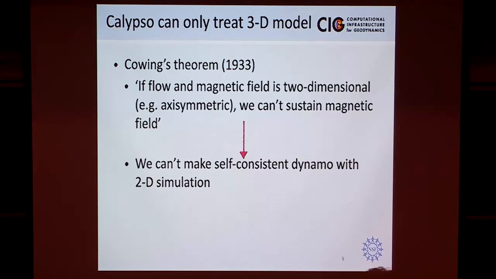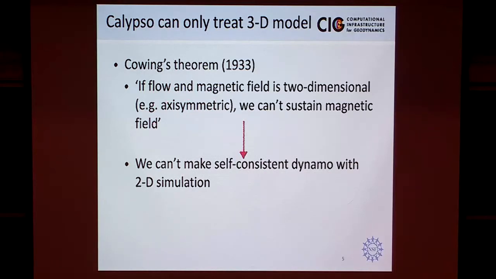But a dynamo simulation has a little bit of a problem for this tutorial, because Calypso can only perform three-dimensional simulation. It's super heavy. There is a reason. Cowling found Cowling's theorem in 33.